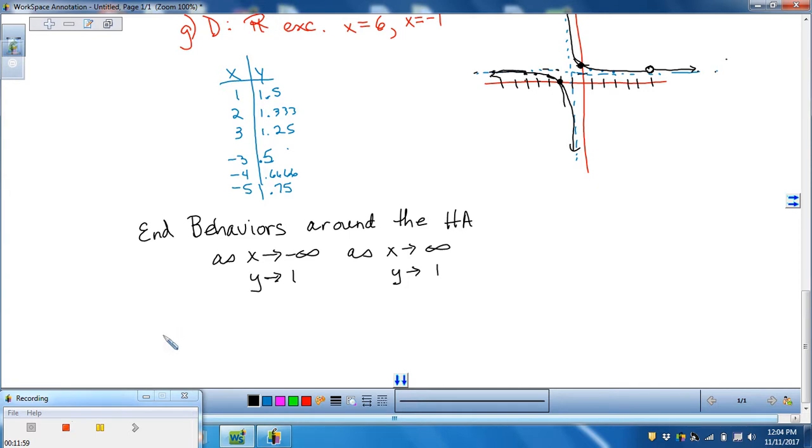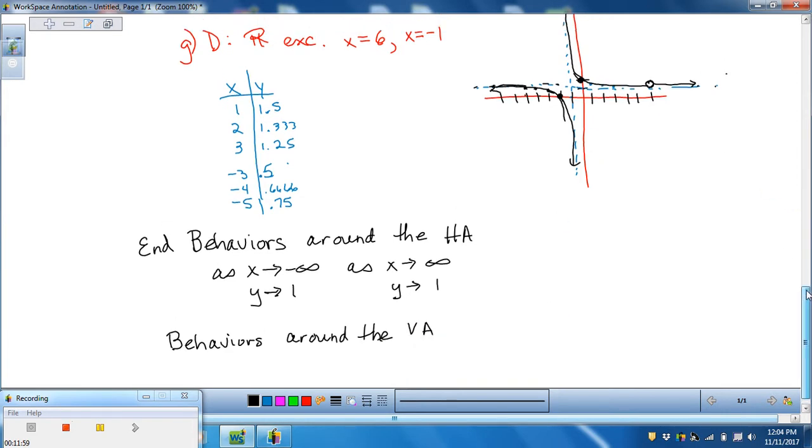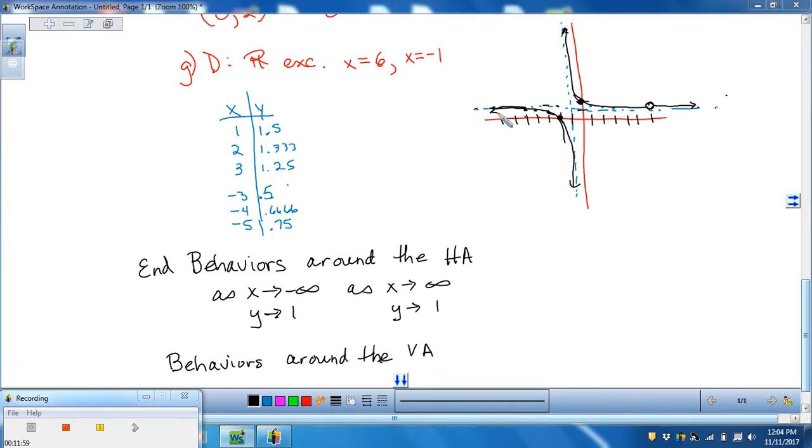The next one, we'll talk about the behaviors around the vertical asymptote. Now on this one, x is approaching the value of the vertical asymptote, which is -1.